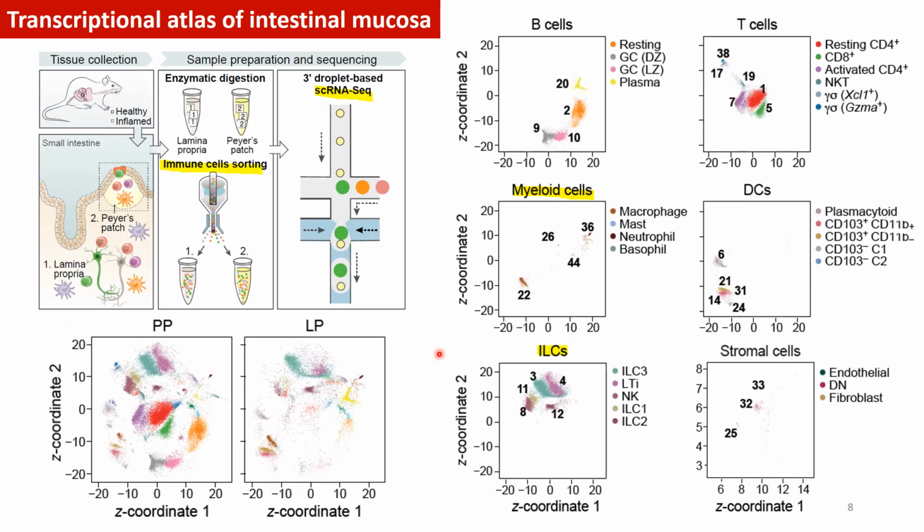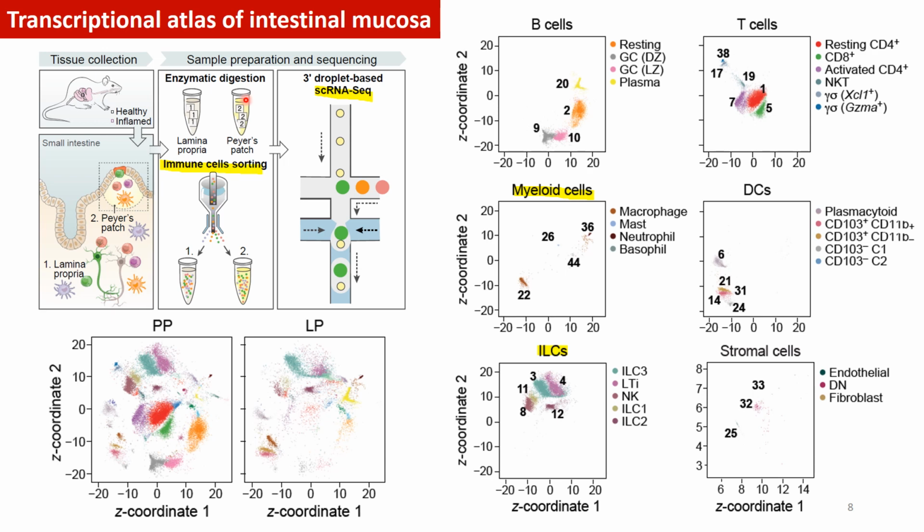Transcriptional atlas of intestinal mucosa. To create a transcriptional atlas of intestinal mucosa, firstly, the mice are subjected to OVA sensitization and oral challenge. Following that, LP and PP are taken and enzymatically digested to isolate the immune cells.